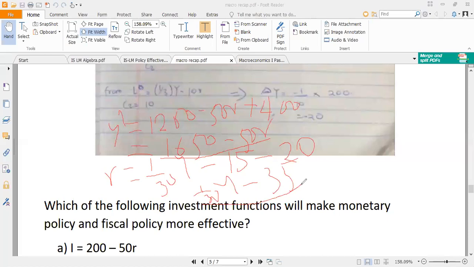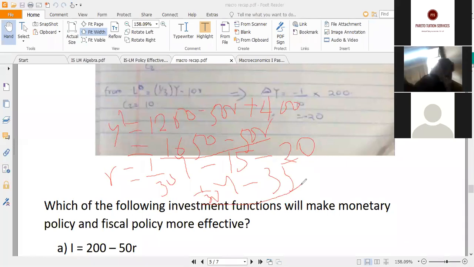First, you find the change in the curves resulting from the changes in G, T and M, add them to the old curves, get your new ones, and then equate them. So please, let's take note of this.